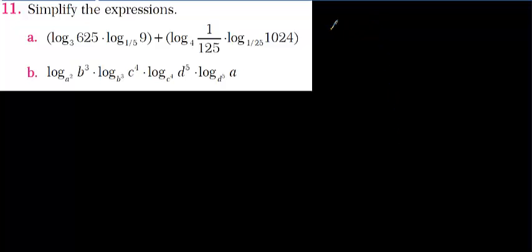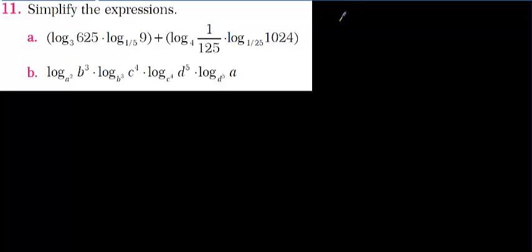In this question we are going to use the change of base formula, because normally 3 and 625 are not related, 1 over 5 and 9 are not related, and these numbers are not chosen randomly. Here 625 and 1 over 5 are related, and 3 and 9 are related.